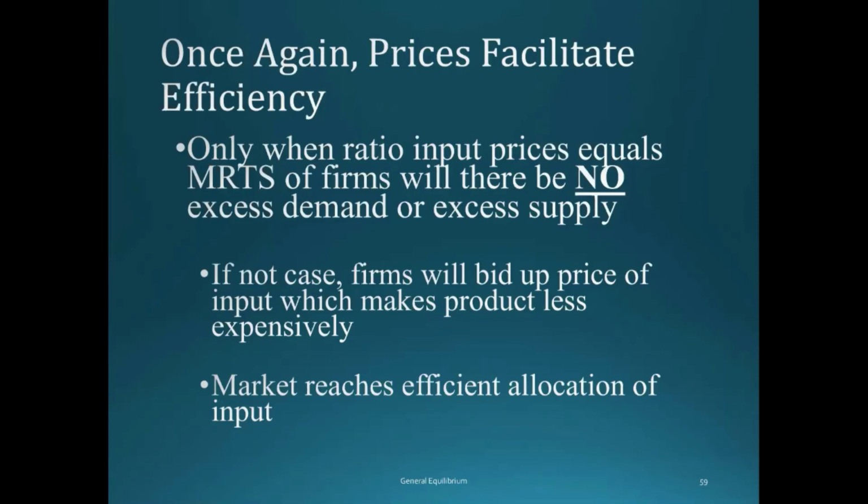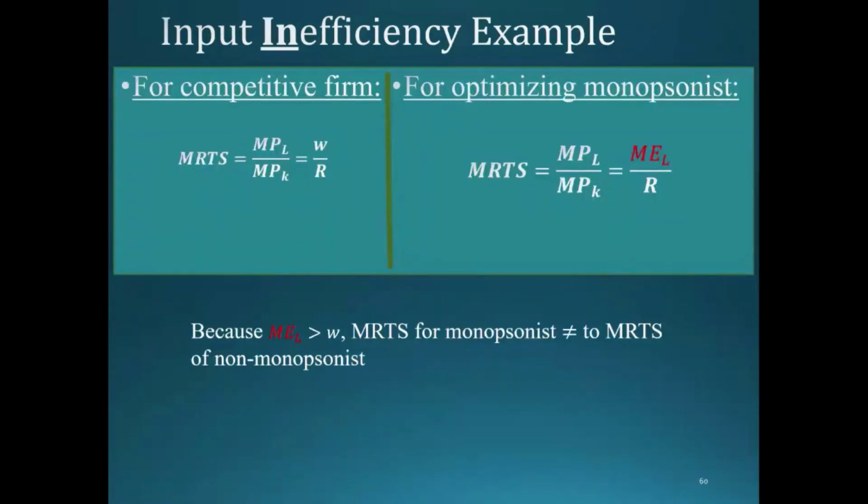All firms are going to offer a little bit more than the going rate to try and get that input. It's going to continue to be bid up until the price is such that the demand for that input from the firms is exactly equal to the amount of that input that's in the market. So again, a free market under typical circumstances should facilitate input efficiency.